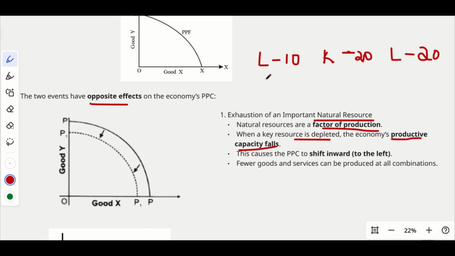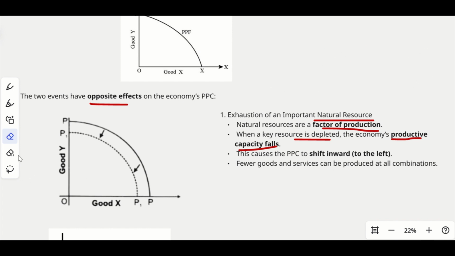Even if any of that falls, if the labor becomes five or something like that, what will happen? Definitely the production will fall. No matter whether the entire thing falls or not, even if one resource is reduced, the entire production will be slowed down, right? So this causes the PPC to shift inward, that is to the left.